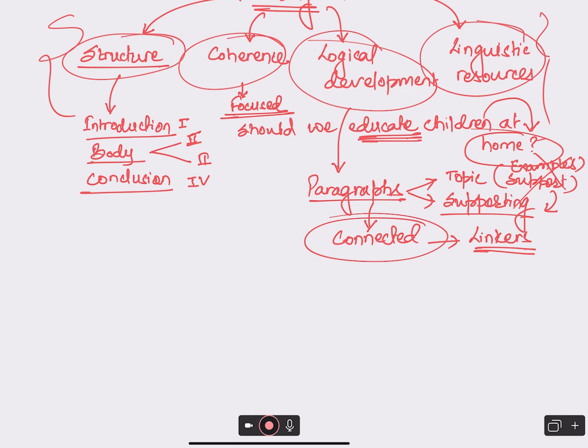The last one here is linguistic resources. Linguistic resources means variety of structure, variety of words, ideas, and so on.